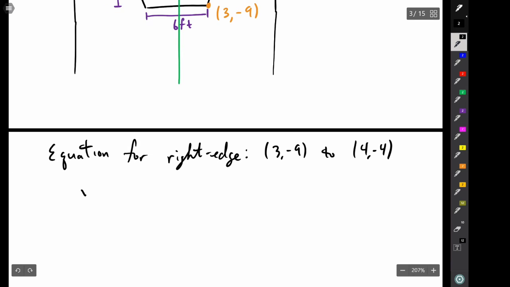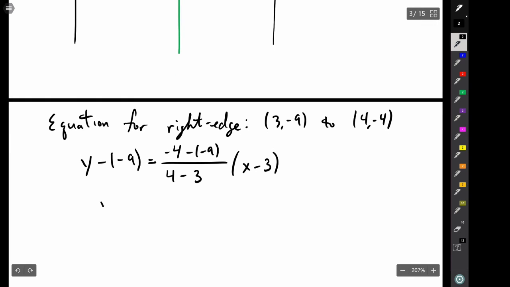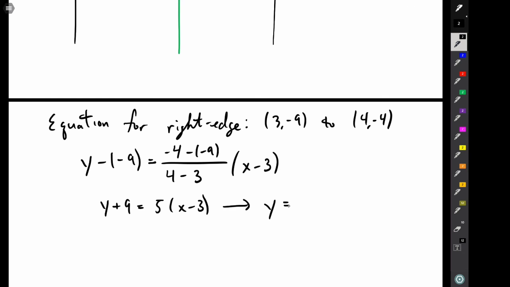So we can use point-slope form: y minus -9 equals -4 minus -9 over the change in x, 4 minus 3, times x minus 3. Simplifying, we have y plus 9 equals 5 times (x minus 3).